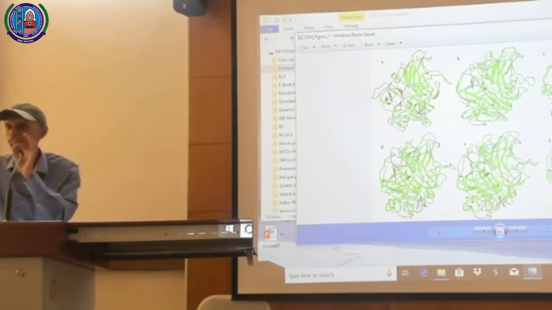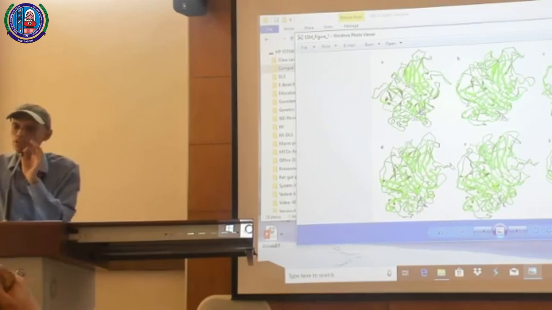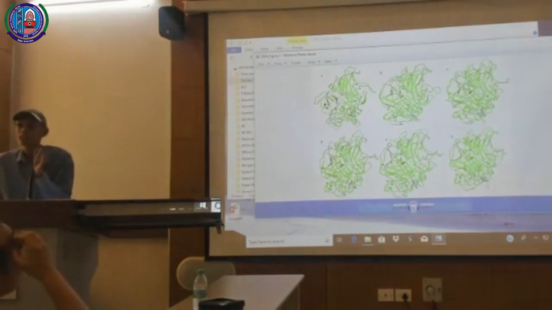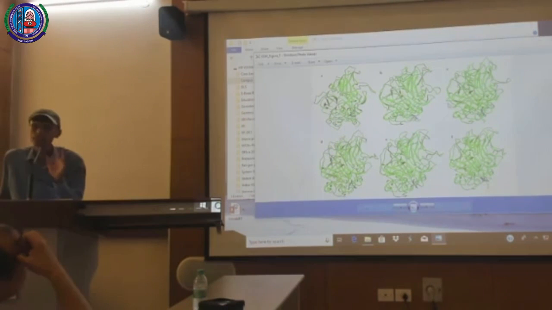It's actually based on the thermodynamic principle. It generates all the thermodynamic information like free energy, entropy, enthalpy. On the basis of free energy, especially, it actually looks for the minimum free energy.